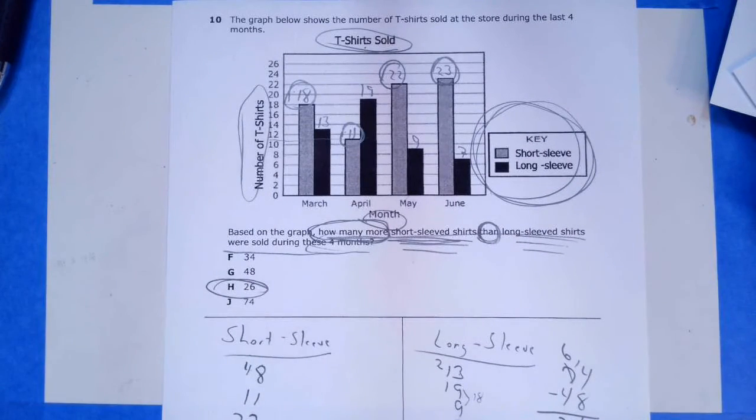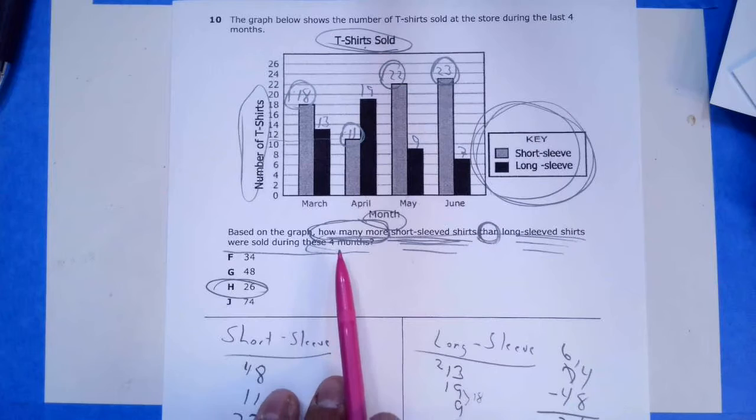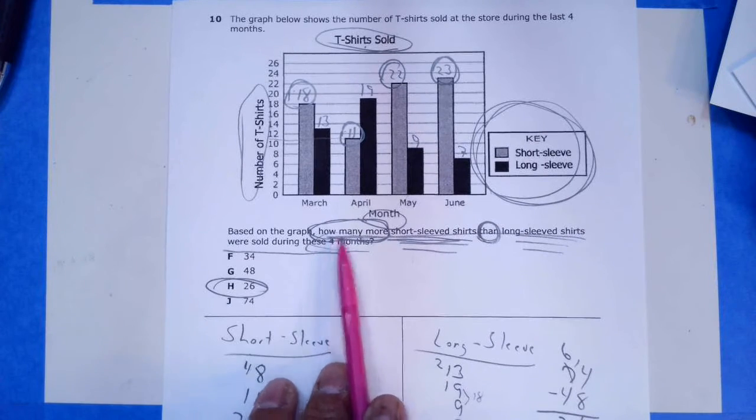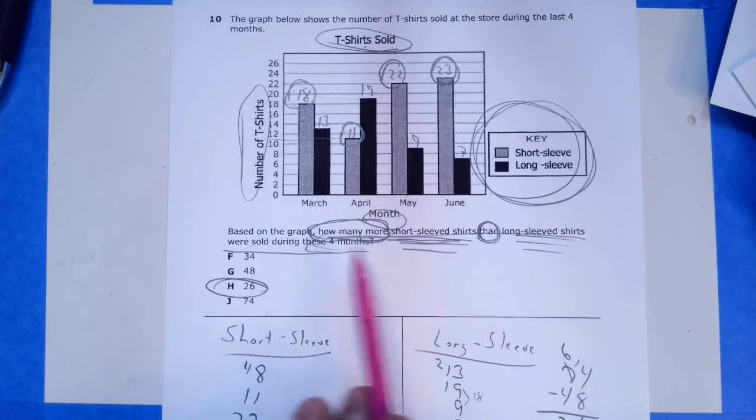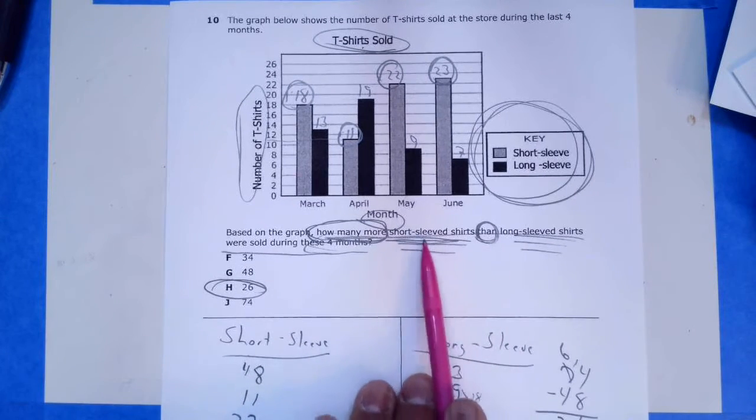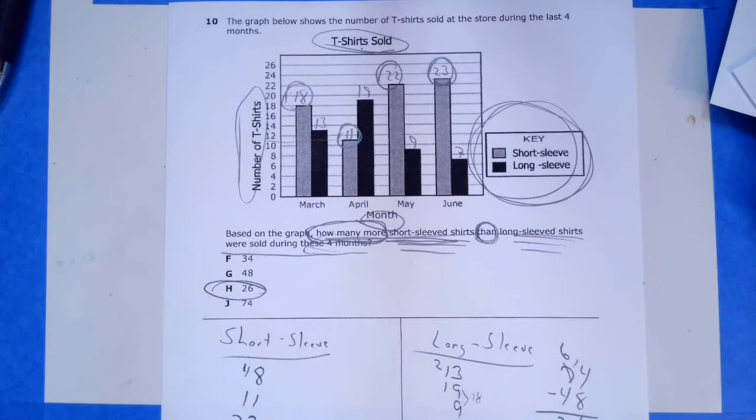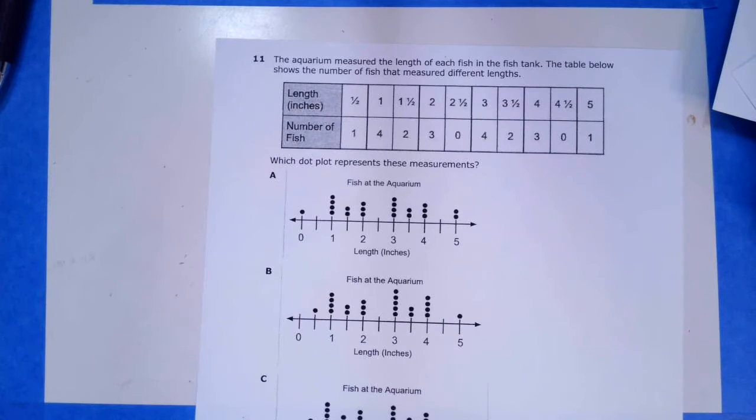There's our answer. Keyword, whenever the question has how many more than, how many less than, okay, you're comparing left to the right from the word than. Always subtract, always. When the question is having you compare, always subtract.